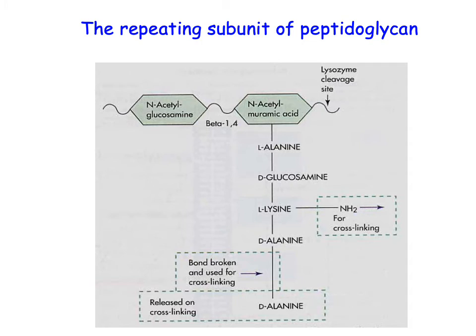Attached to the NAM is a short polypeptide, 5 amino acids, and that's where these molecules are cross-linked. So if you notice here, the 5 amino acids, and when they're cross-linked, the last alanine is broken off, and this alanine forms a covalent bond with the lysine on another chain.